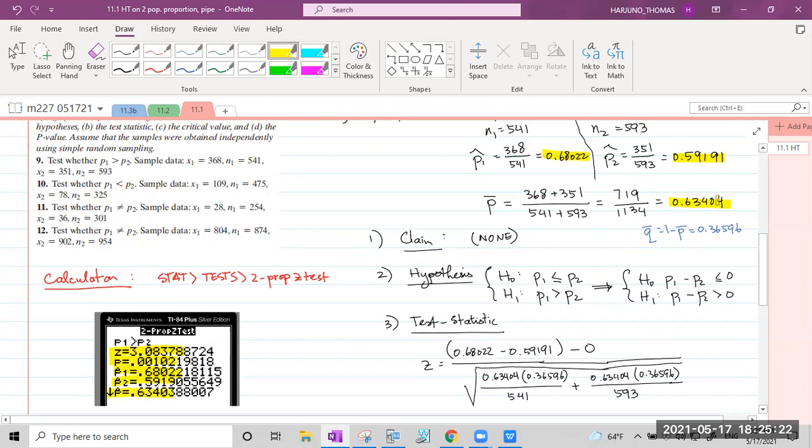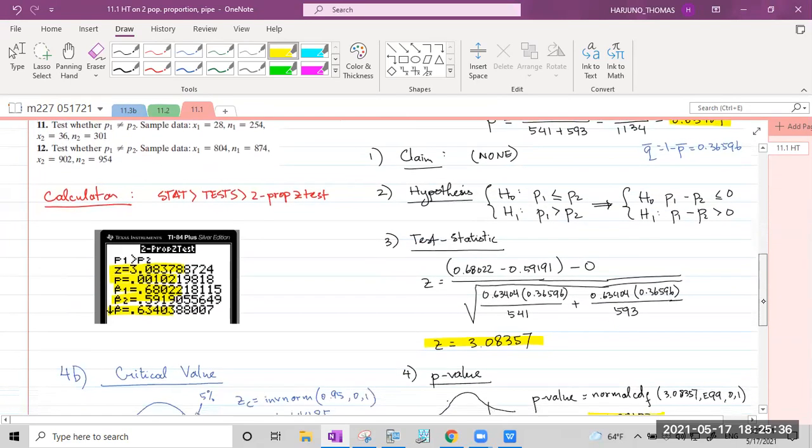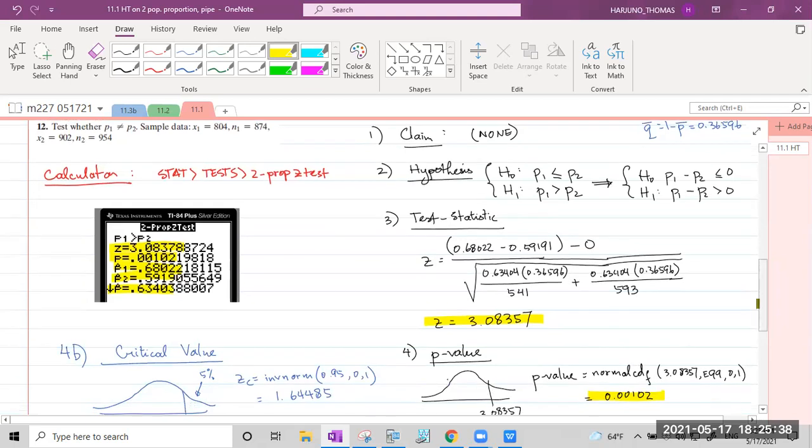So if you know how to use your calculator, especially for this hypothesis testing part, you can do this quite fast.